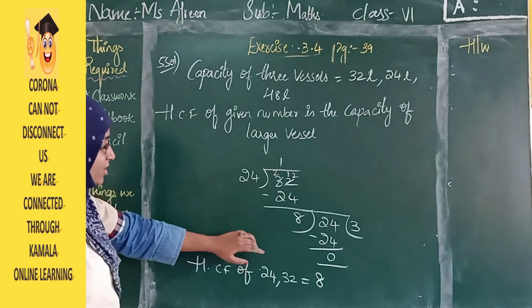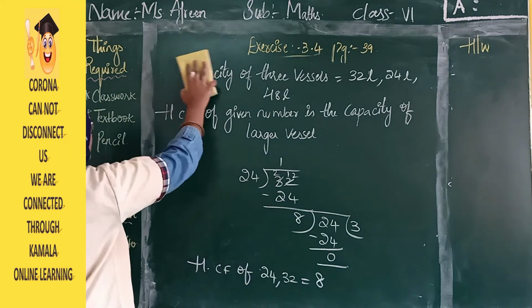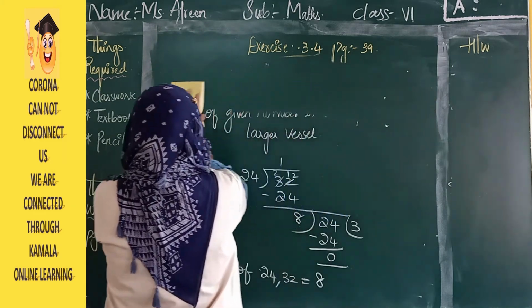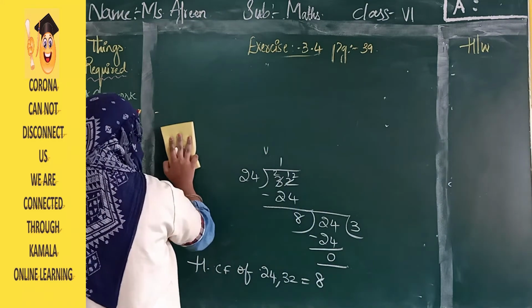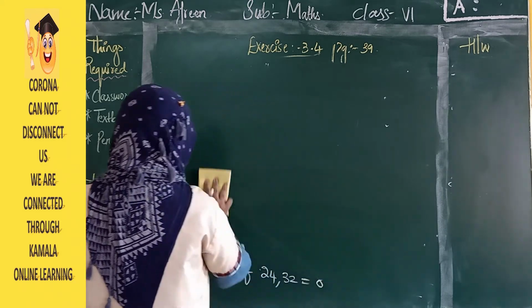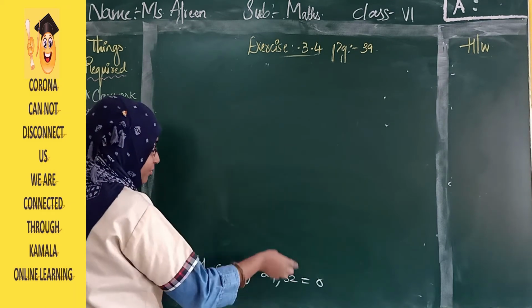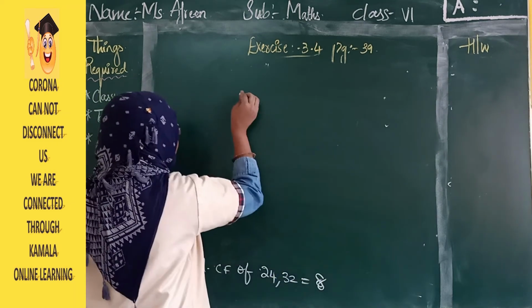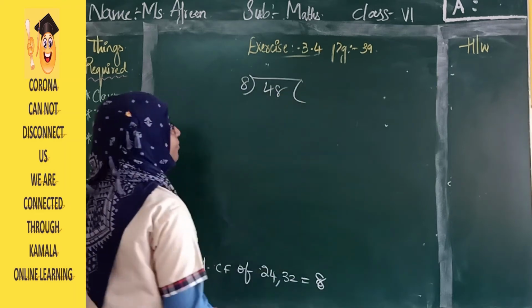Now let us divide this 48 with 8. Using this 8, because that is the last divisor, we will divide 48.